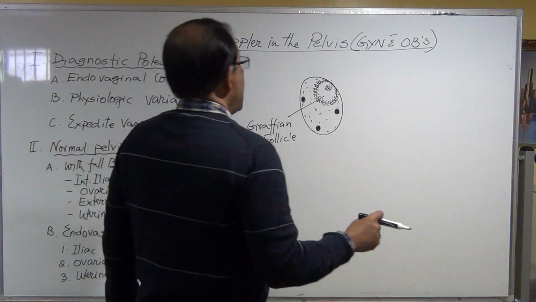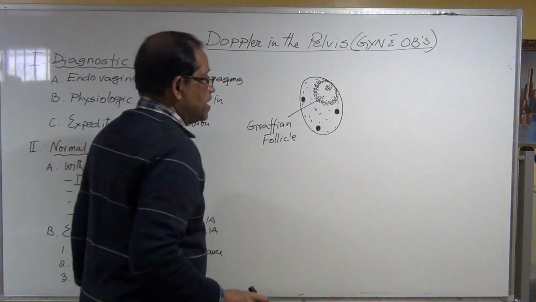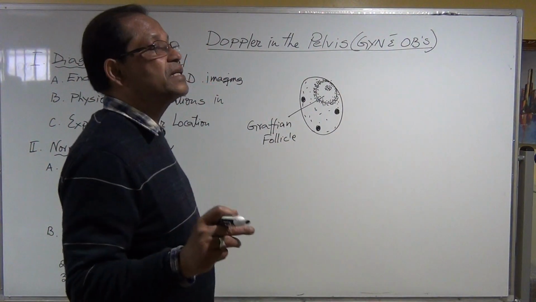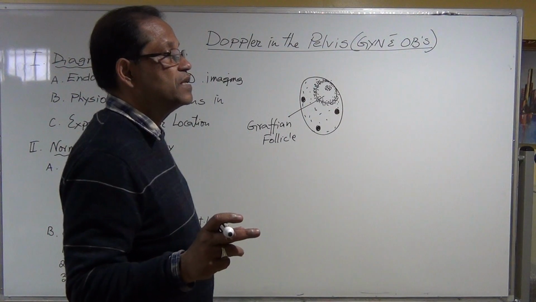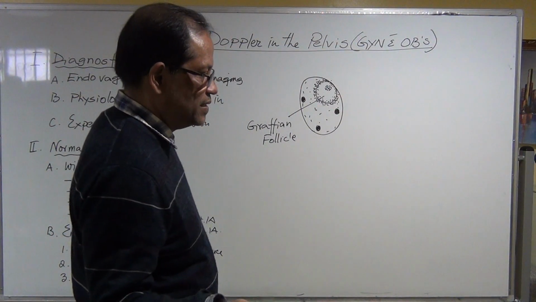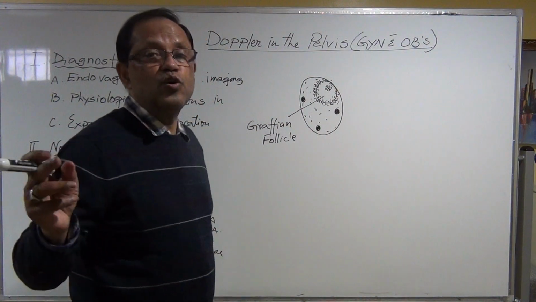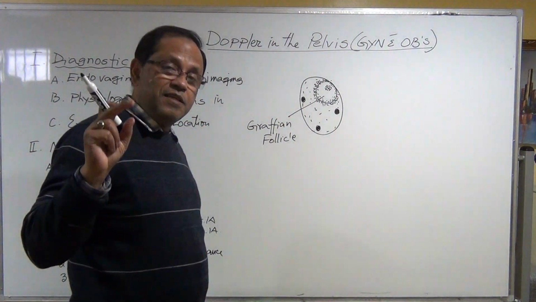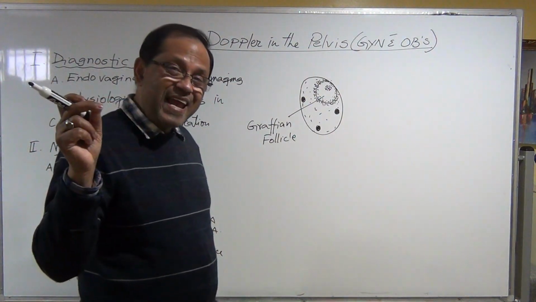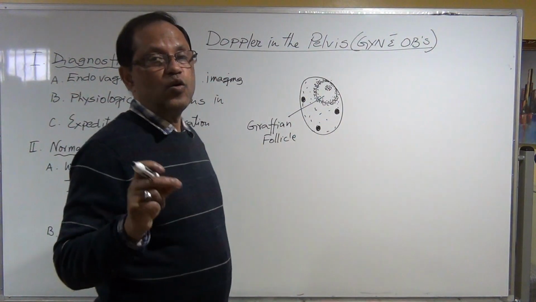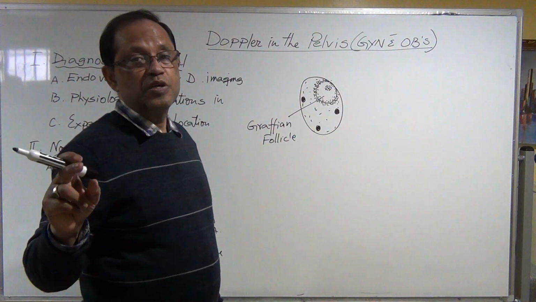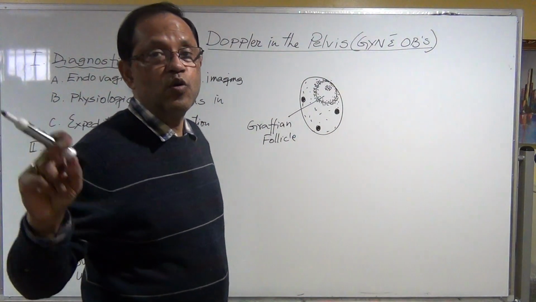And at this point, the Graafian follicle completes the first meiotic cell division and starts the second meiotic cell division. And as we know, the second meiotic cell division completes when the sperm enters the ovum. And at that time it produces the second polar body.